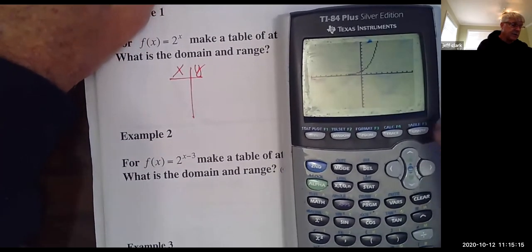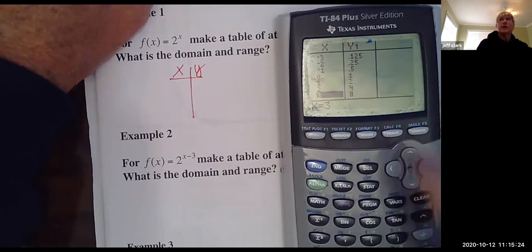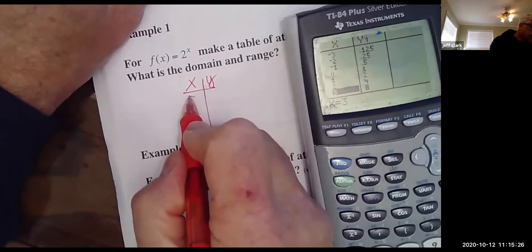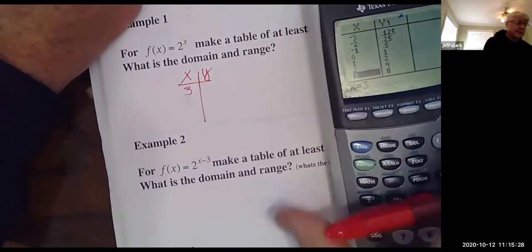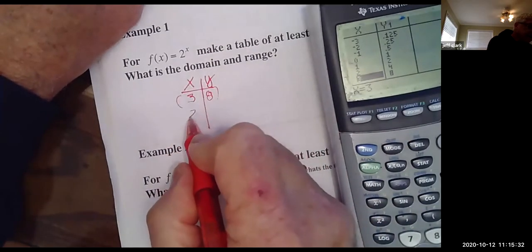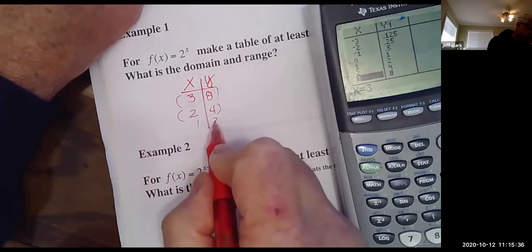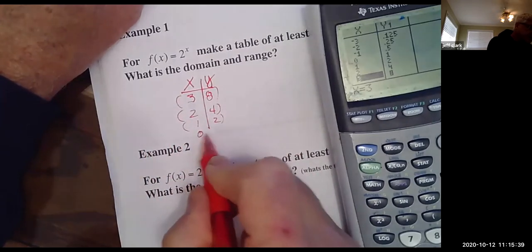If I do 4, table of values. Okay, that's a nice one. So it might go 3, comma 8, and 2, comma 4, and 1, comma 2, and 0, comma 1.